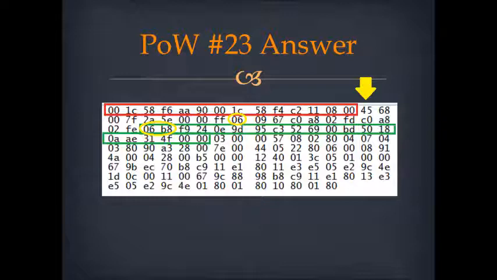Now the circled 6 in the yellow circle is part of the IP version 4 header that tells us that this IP version 4 packet is carrying TCP. So that's the code. So you know that the 20 bytes following the 20-byte IP version 4 header is going to be a TCP header.